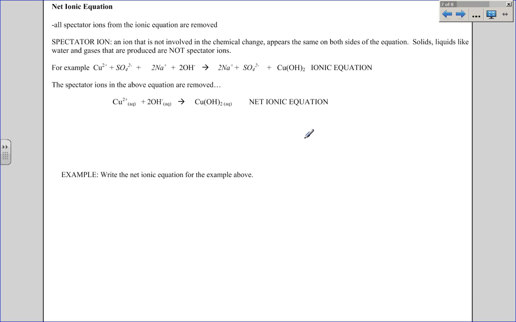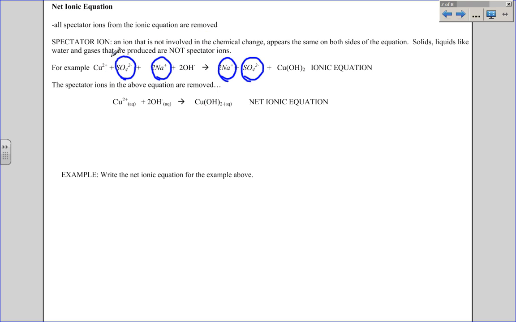So when we look at our original example of the copper sulfate reacting with sodium hydroxide, we can see that before and after the reaction, the sulfate has remained the same, and the sodium has remained the same.